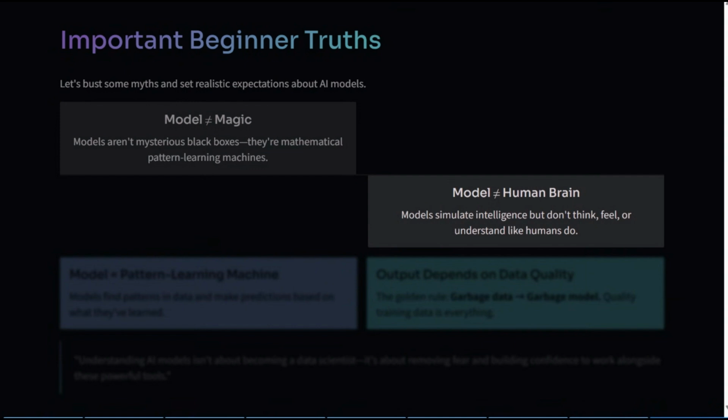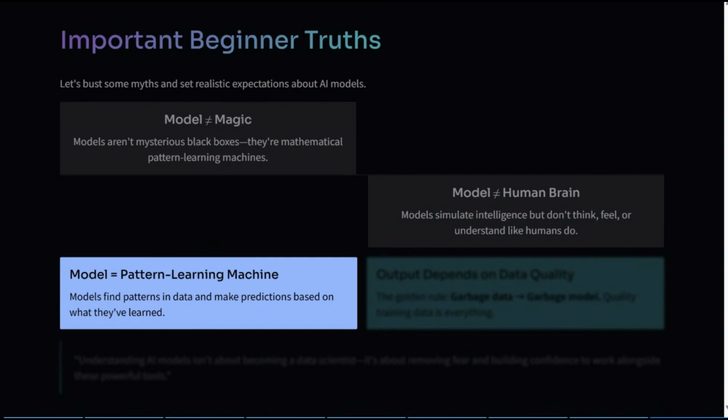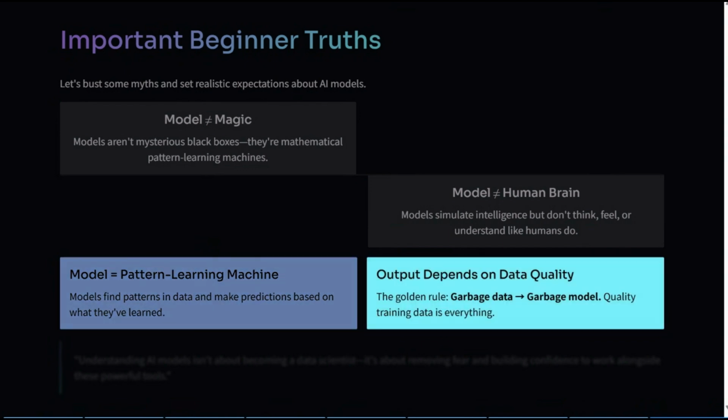And a model is not equivalent to the human brain as of now. Models try to simulate intelligence, but they do not have feelings, the same thinking pattern, or emotions. You can say a model is a pattern learning machine that tries to make predictions and generate something of its own.